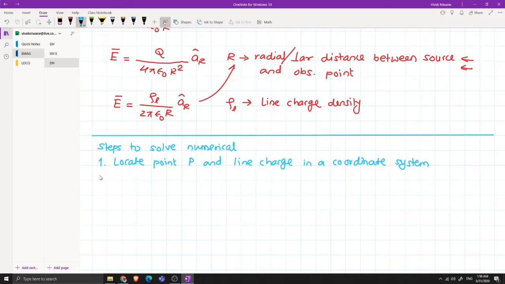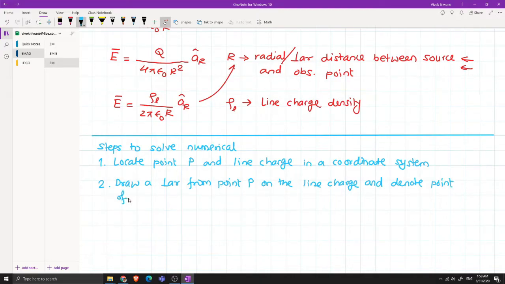Okay. Then second point, draw a perpendicular from point P, that is the observation point, on the line charge and denote the point of intersection by P dash.